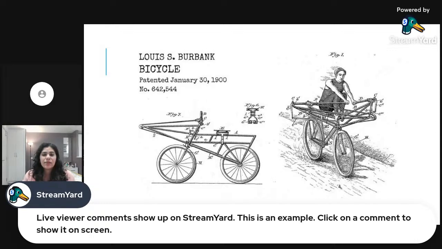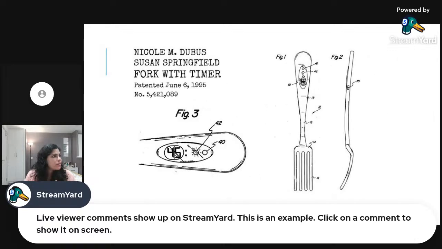And when you look at the patent application, the object of the invention is to provide means whereby one may enjoy with a bicycle exercise like that of rowing with a pair of sculls. It does look fun, of course, but I'm not really sure how the brakes work in this particular product.